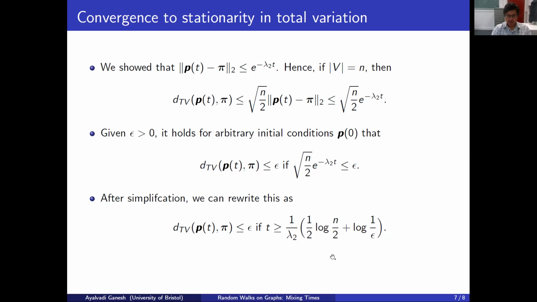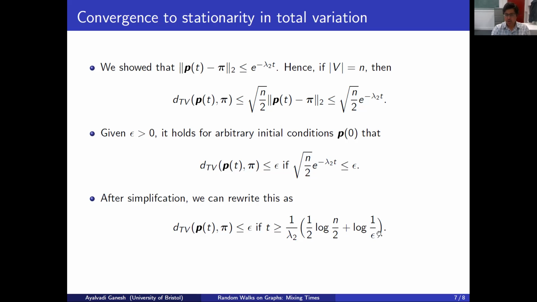But the main things to keep in mind are that t should be at least as big as 1 over lambda 2 times something that grows logarithmically in n, the size of the state space, and it grows logarithmically in 1 over epsilon. This says how close you want to be.